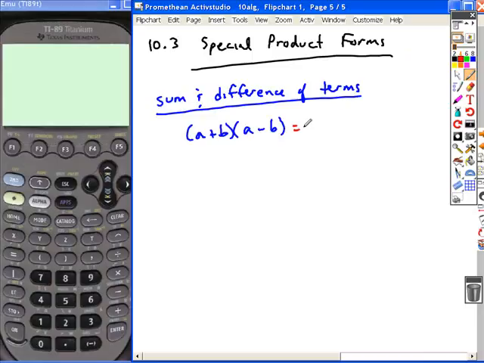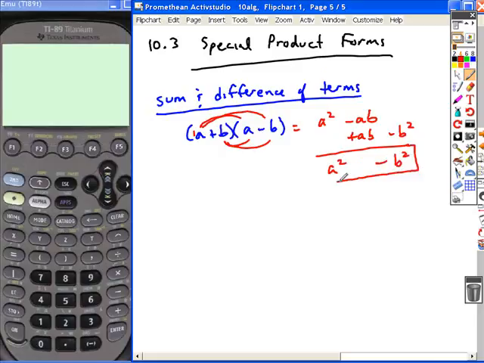If you were to FOIL this out, again, your first is a squared, your outer is negative ab, your inner is plus ab, and your last is negative b squared. When you look at this, what's going to happen to the outer plus inner products always? They're exact opposites of each other, and so they wind up canceling out.